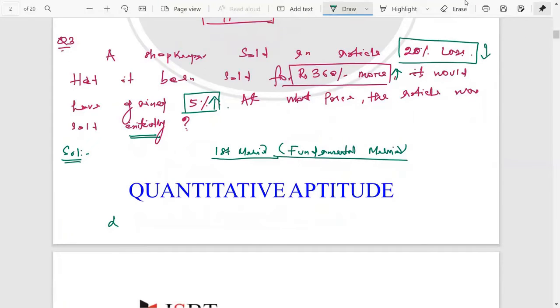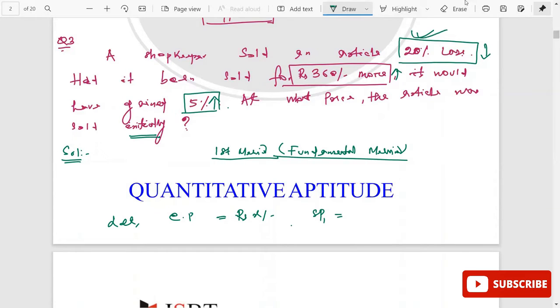Let CP be X rupees. So SP1 should be, how much rupees is it sold for? 20% loss means 80x by 100.